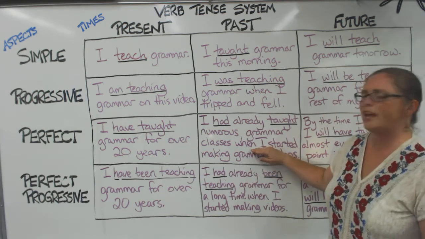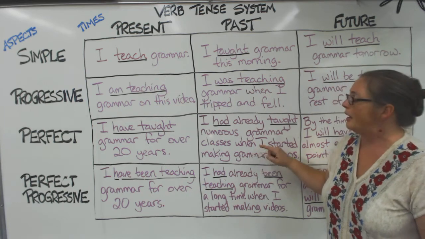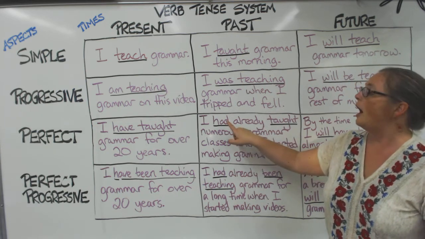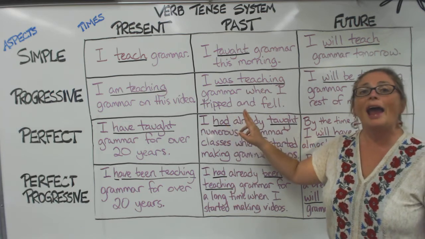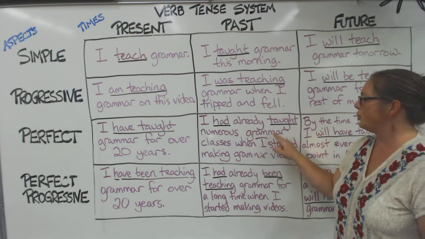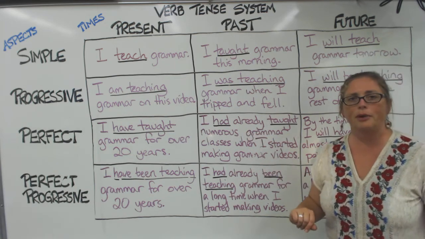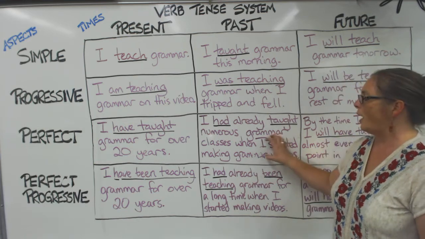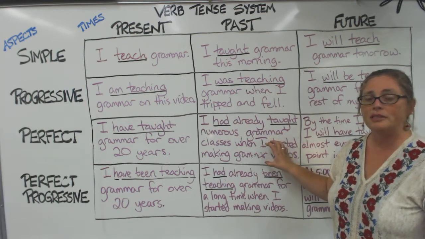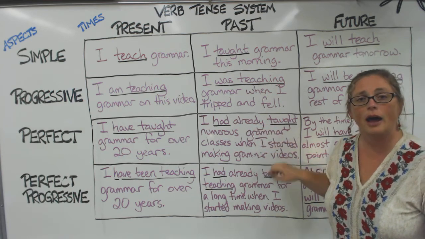Then I want to say what was before this point. If I go before this point, I use the past perfect. I had already taught numerous grammar classes when I started making grammar videos. So when this time happened, this was in the past from this time.